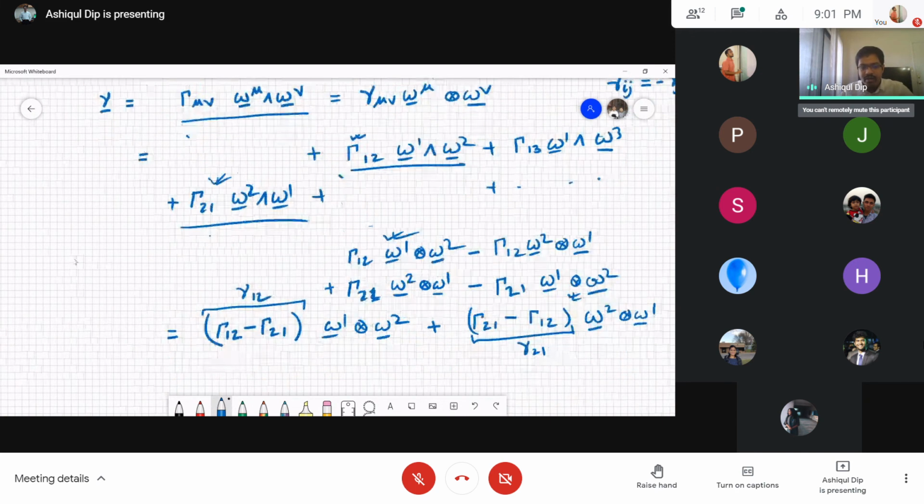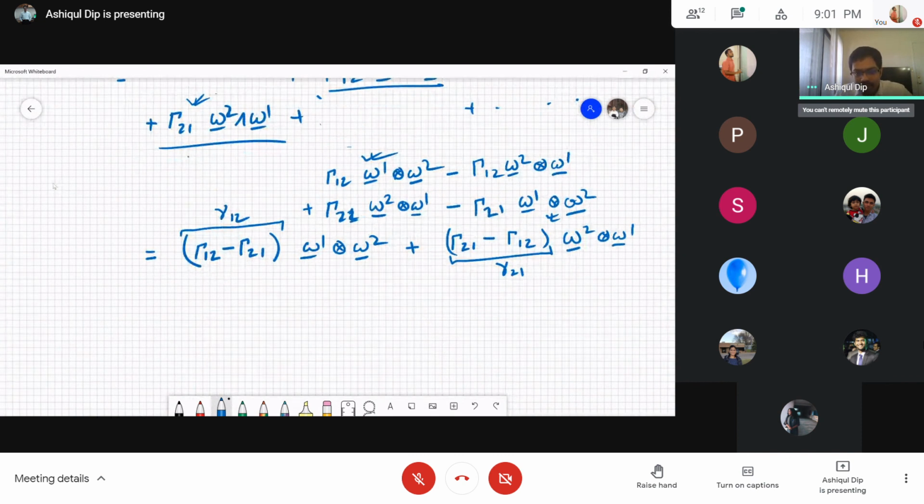Now we can solve for big gamma out of this, using these two relations, like big gamma 1 2 minus big gamma 2 1 is equal to small gamma 1 2, and this thing as well. So solve for big gamma 1 2. Can you solve it? It will be small gamma 1 2 minus small gamma 2 1, exactly.